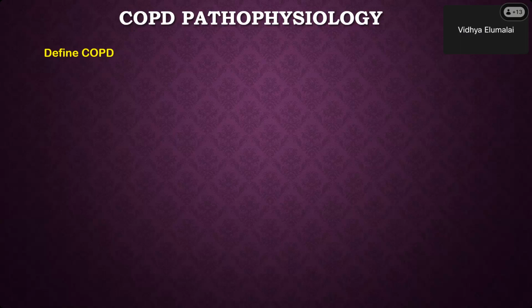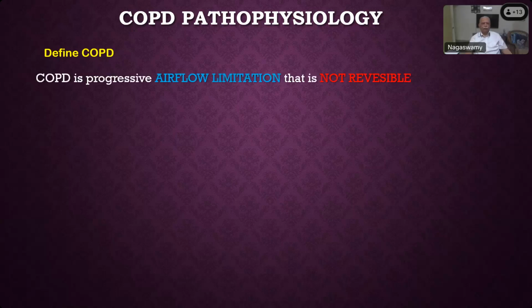Okay. Is it reversible or irreversible? It is irreversible. That is the most important point. So COPD is a progressive, instead of saying chronic, you can say progressive airflow limitation that is not reversible. So the simple one-line answer for that question is, COPD is a progressive airflow limitation that is not reversible.